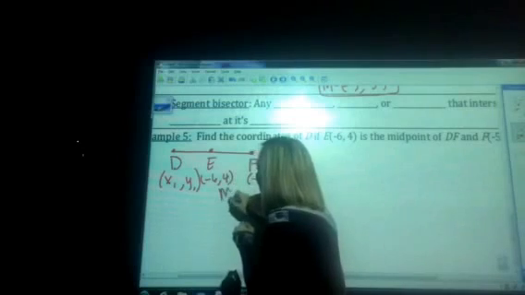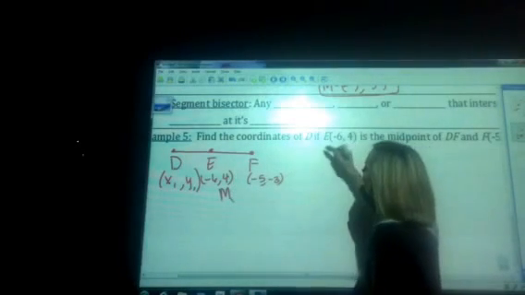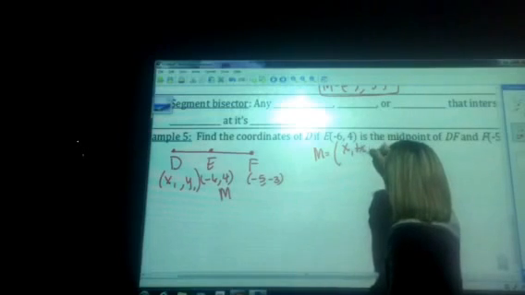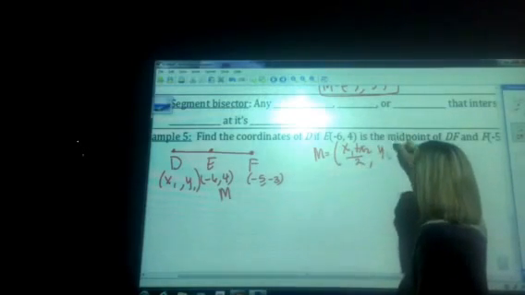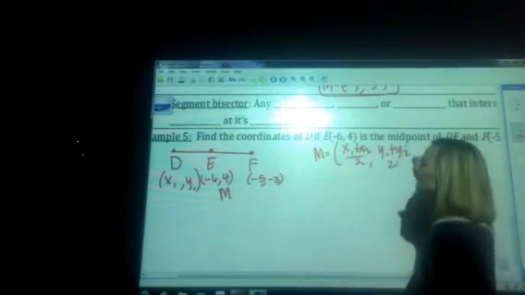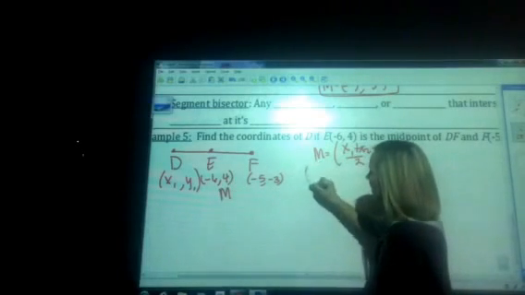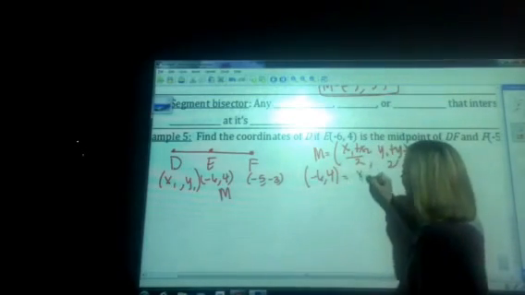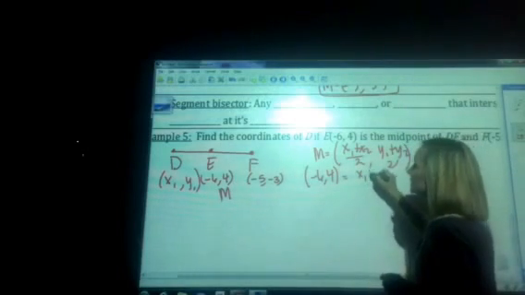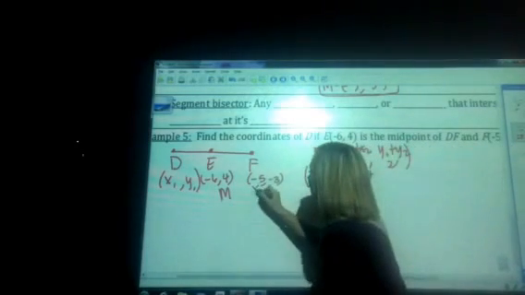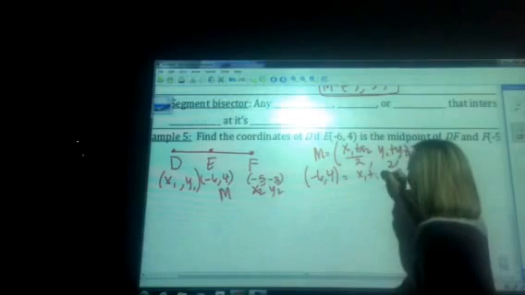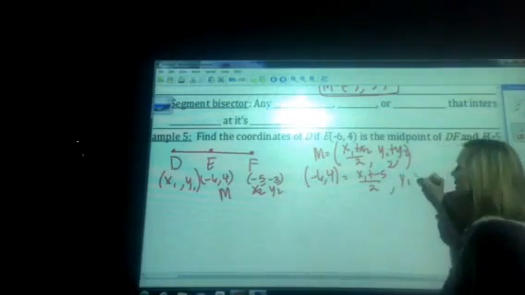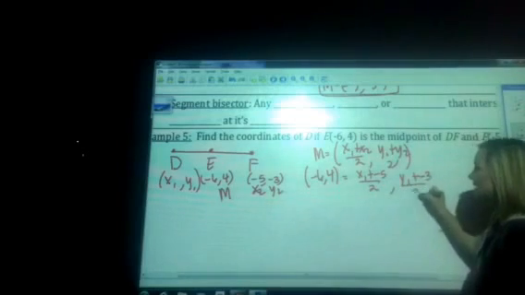So remember, E is the midpoint, okay? So when you have M is equal to (x1 plus x2 divided by 2 and y1 plus y2 divided by 2), M is what we're going to put in place over here. So (-6, 4) is equal to my x1, I don't have a value for it, plus my x2, remember, is negative 5, divided by 2, comma, y1 plus negative 3 divided by 2.